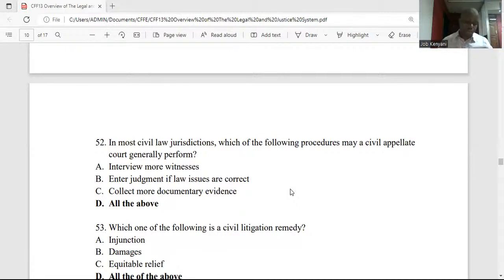While in a common law jurisdiction, they apply the other one, known as the adversarial judicial process, whereby the parties are left to argue and present the evidence by themselves.